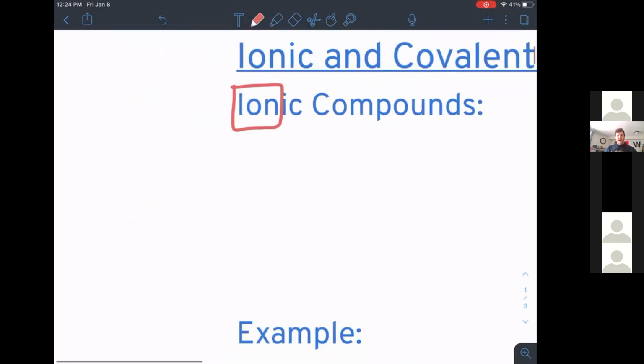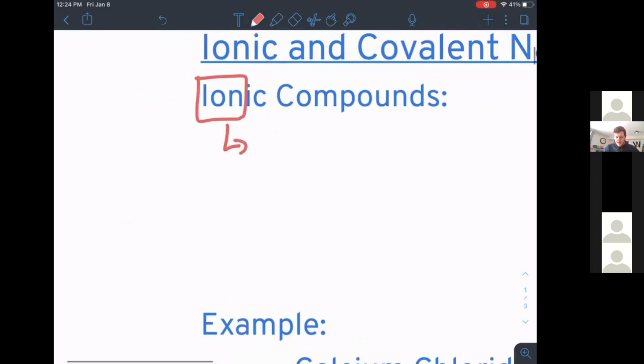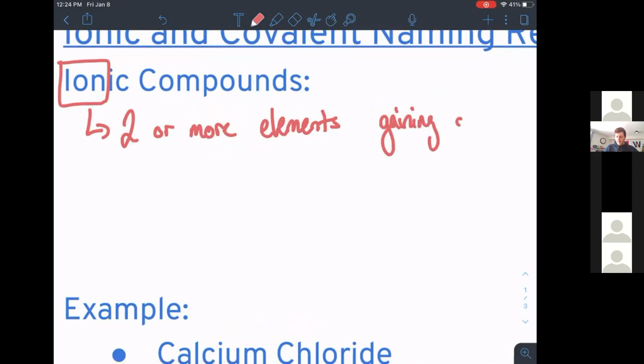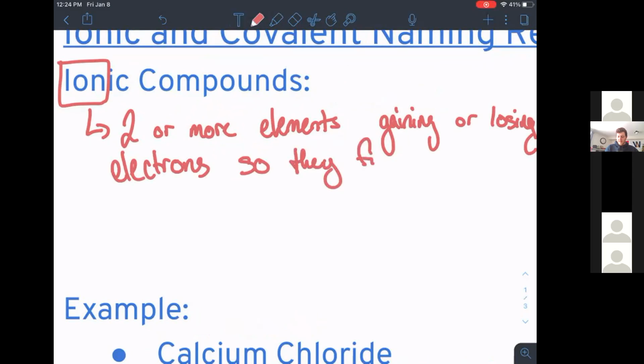And so ionic compounds, we have two or more elements gaining or losing electrons so they fill their octet.